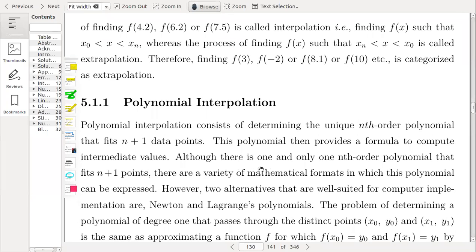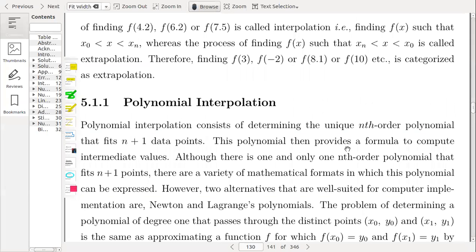So this polynomial then provides a formula to compute intermediate values. Although there is one and only one nth order polynomial that fits n plus 1 points, there are a variety of mathematical formats in which this polynomial can be expressed.